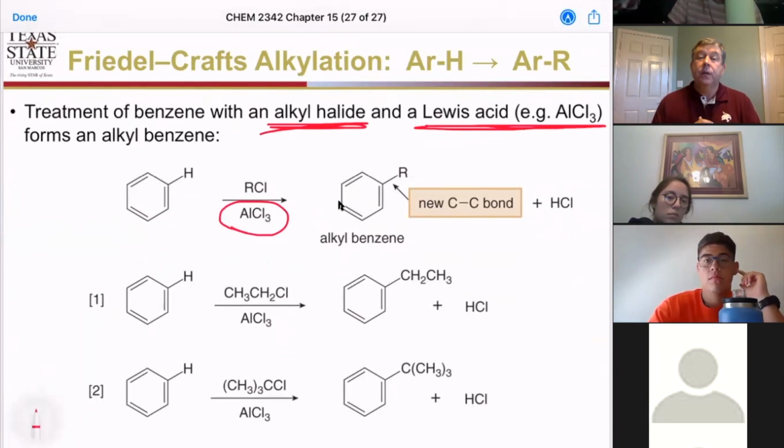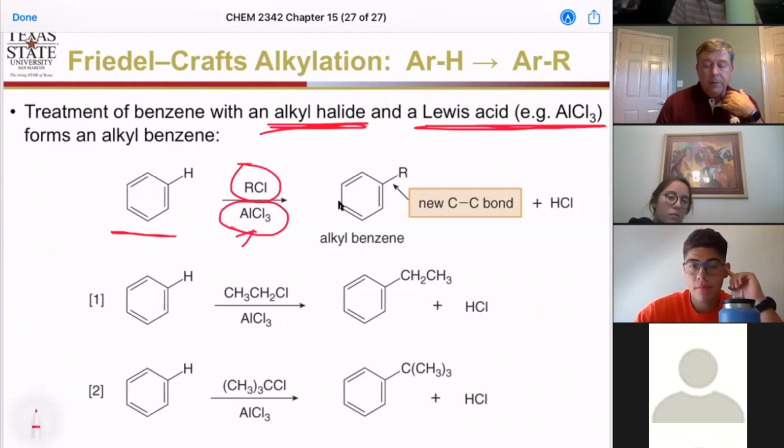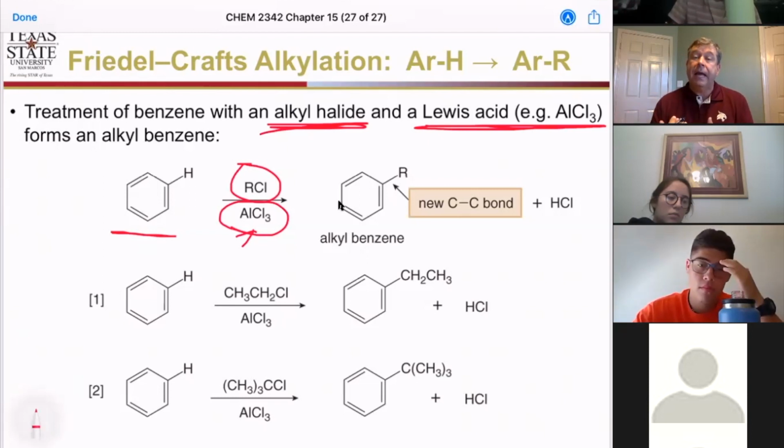Okay, so we would typically take benzene right here, take our alkyl halide, our aluminum chloride, and just heat this up, and it will generate a new carbon-carbon bond plus HCl, plus we regain our Lewis acid aluminum chloride. Okay, so in the case of alkylation, we only need a catalytic amount of aluminum chloride.